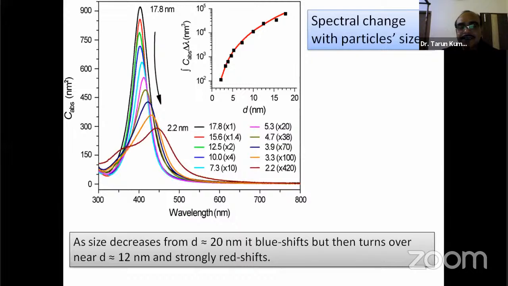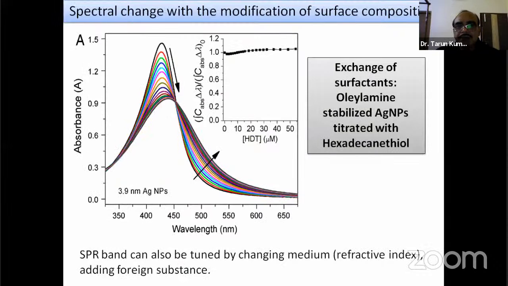The size generally decreases from 20 nanometers. Earlier, the black one, after decreasing it will blue shift, but then it turns over near 12 nanometers and starts the red shift. So from there you can see that size affects the surface plasmon resonance.